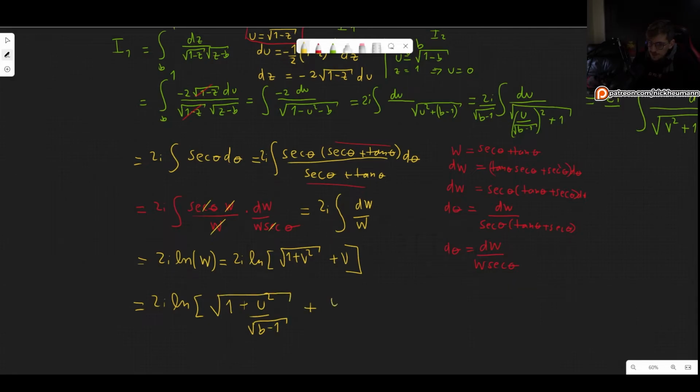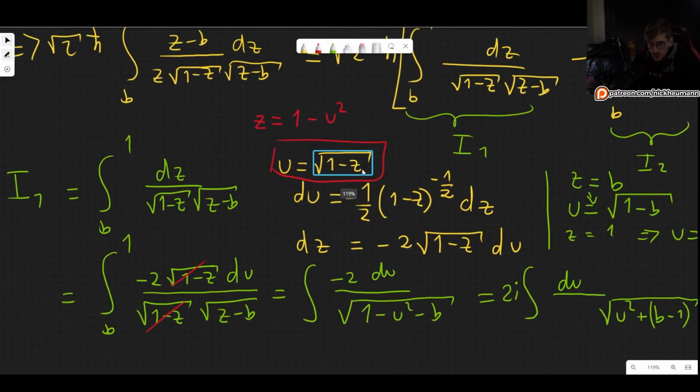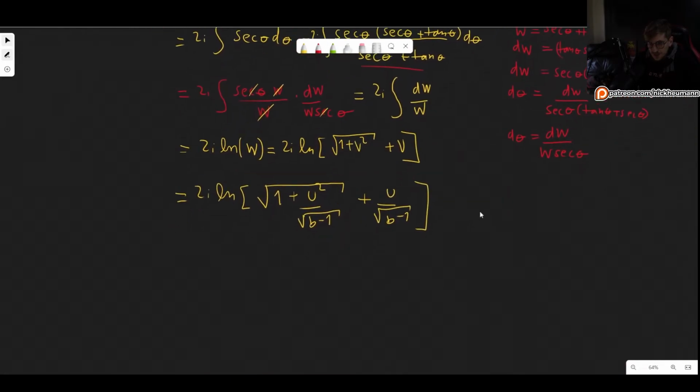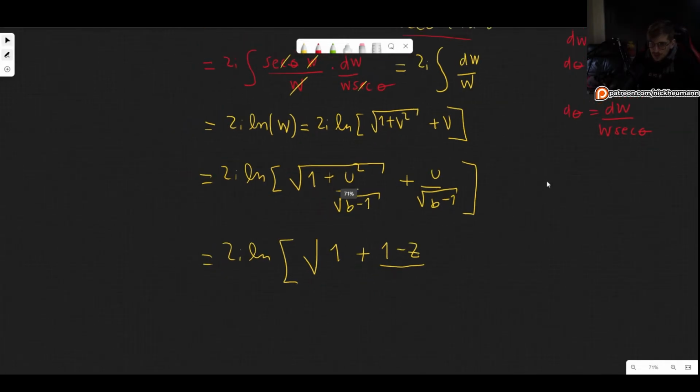And then we have plus u divided by the square root of b minus 1. Okay, but what was u? Well, u was the square root of 1 minus z. So that means that this is the square root of 1 plus, and here we have u squared, which is 1 minus z.